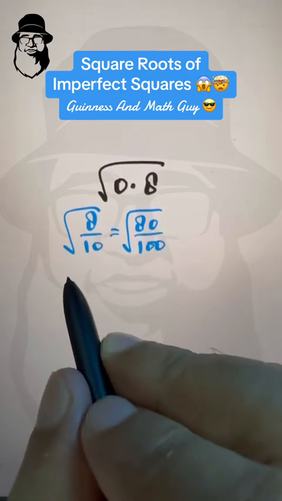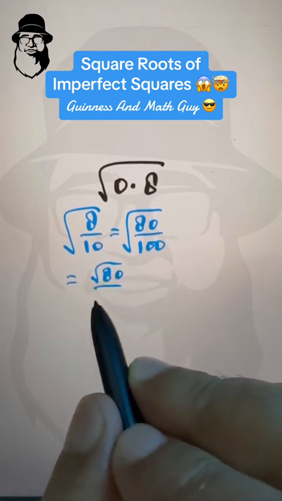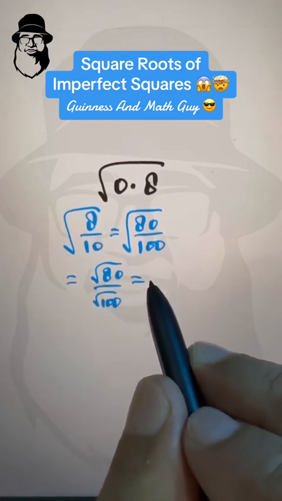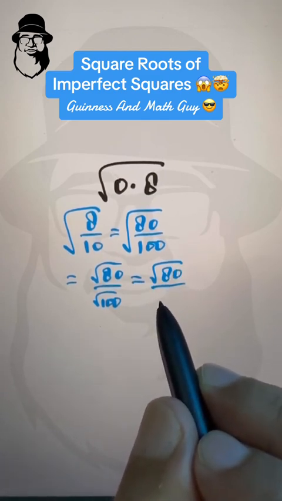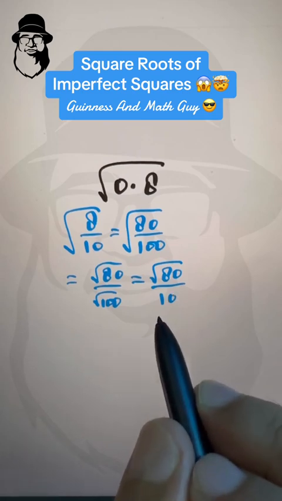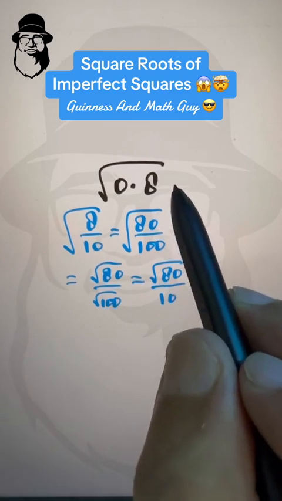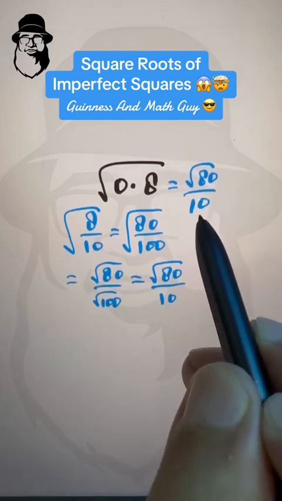Now we can do square root of 80 over square root of 100, and square root of 100 is 10. So whatever our approximate answer to square root of 80 will be, we'll divide it by 10 in the end. So we have to do actually square root of 80 divided by 10.